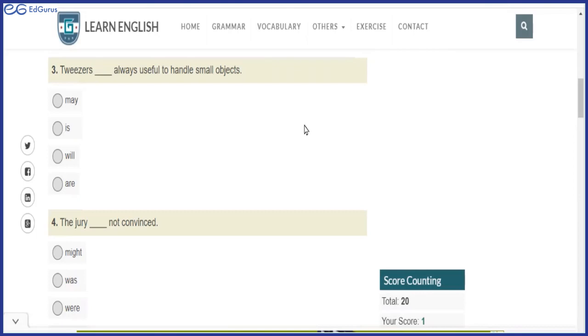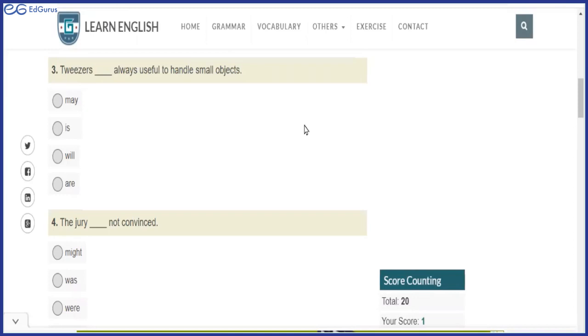It is used to pluck out hair or to pick up small objects. Usually the beauticians, they use tweezers to pluck small hair. I hope you got it. Yes, ma'am.